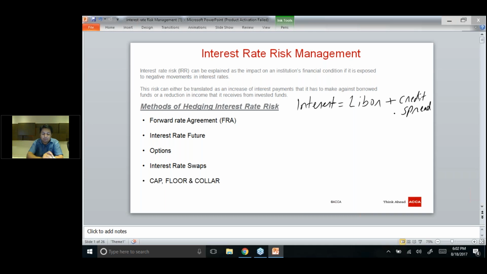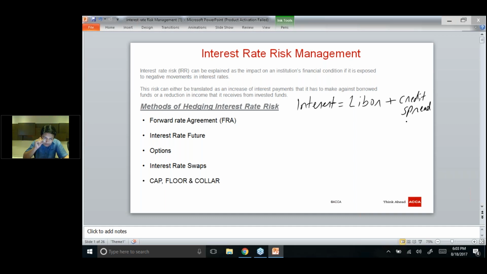So LIBOR is the base rate, plus credit spread, which is according to your creditworthiness, according to your rating. If you have a higher rating, definitely this spread will be lower, and if you have a lower rating, like below the BBB level, obviously your credit spread will be widened.